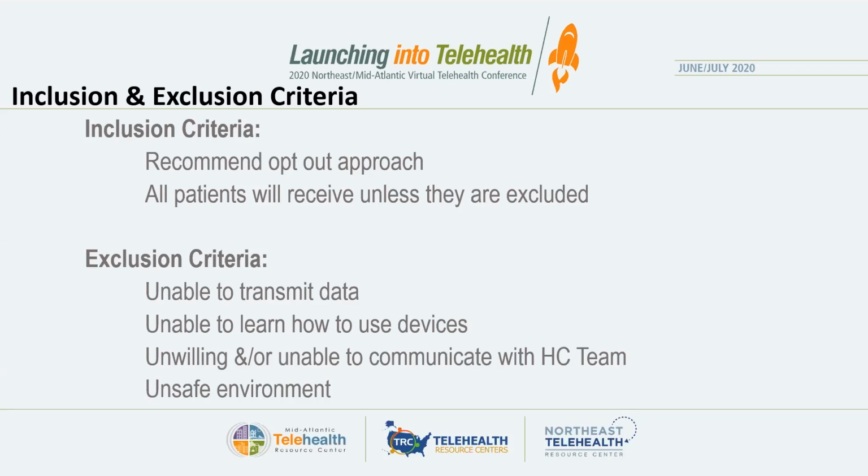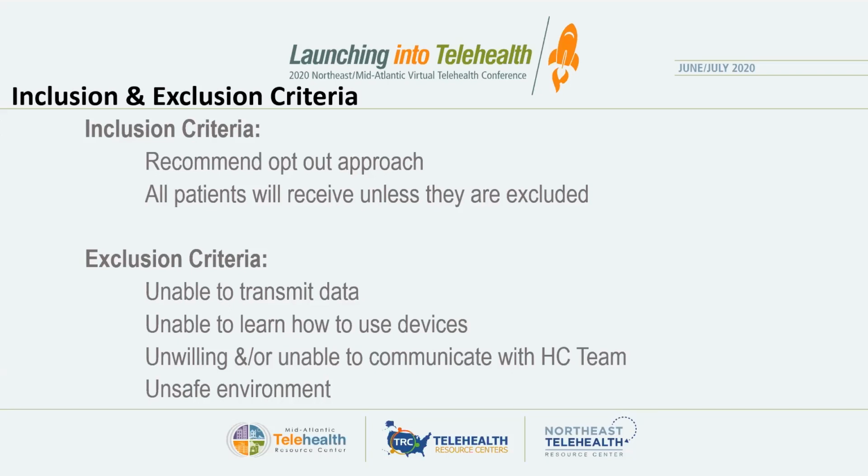And then lastly is an unsafe environment. And what do I mean by that? It could be that the house is infested with cockroaches, and cockroaches love warm technology. It could be that the person has a hole in the ceiling and there's potential water damage. It could be that the patient doesn't have anywhere in the home with a flat surface to place a scale that is not on carpet.